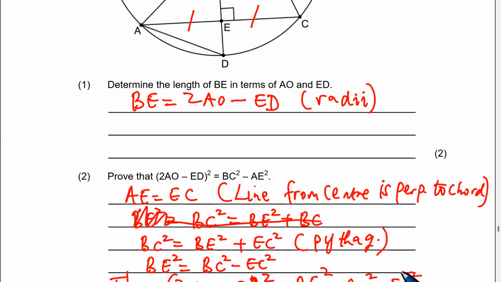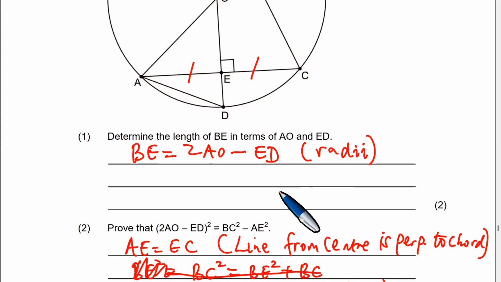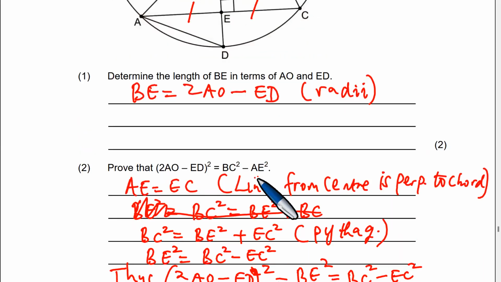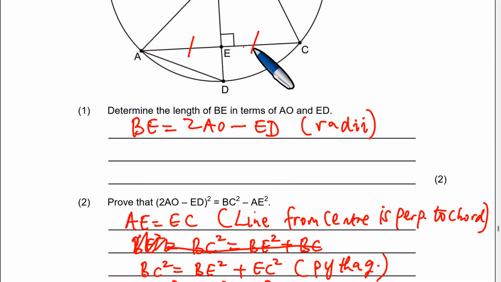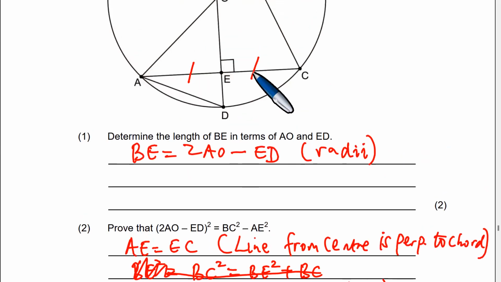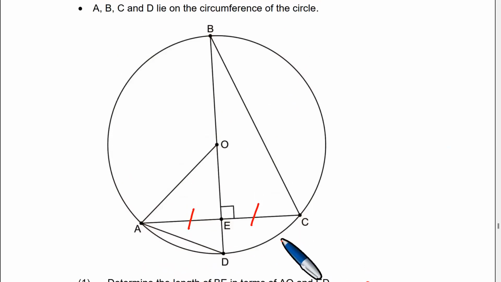What is EC? Right, they've put AE there because EC is equal to AE. Because EC is equal to AE, perpendicular from center to chord bisects the chord.